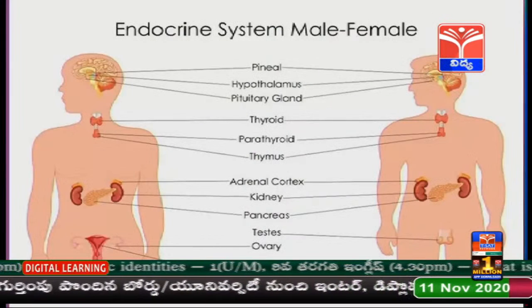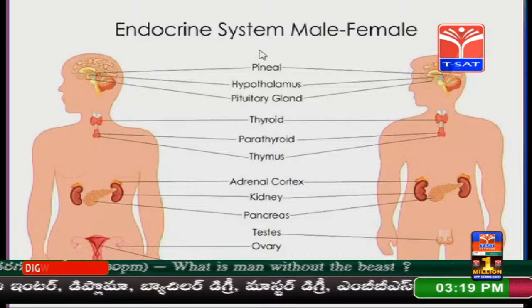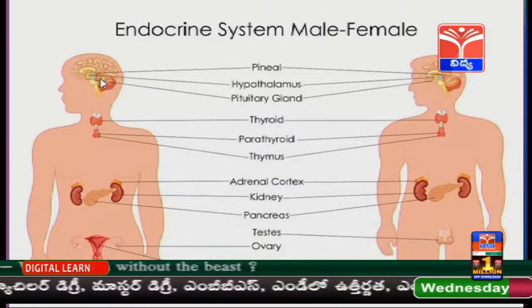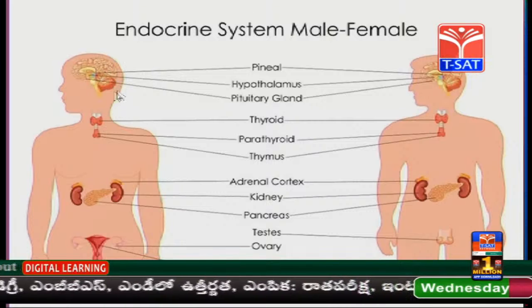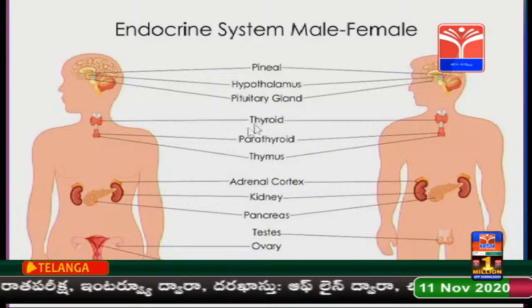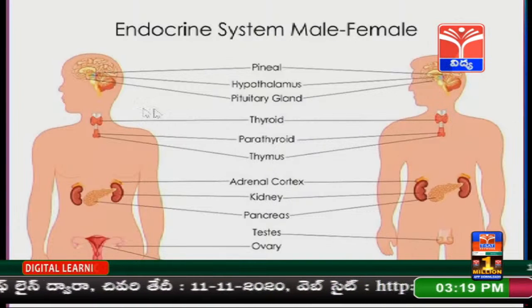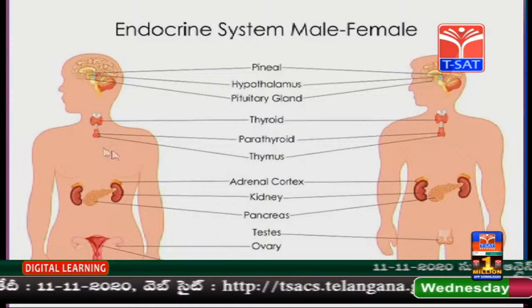Now, let us see where they are placed in our body. Children, these endocrine systems are present both in the male body and in the female body. The very important pituitary gland is present in the brain. The thyroid gland is present on the throat. It is a butterfly shaped gland. Then the parathyroid gland is present behind the thyroid gland.